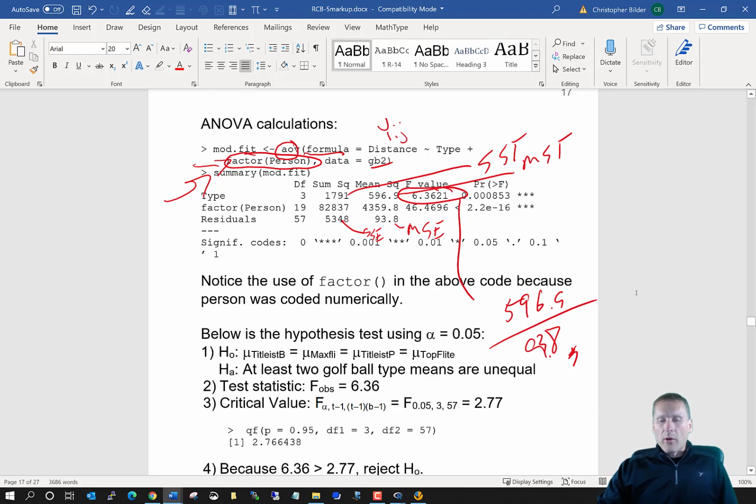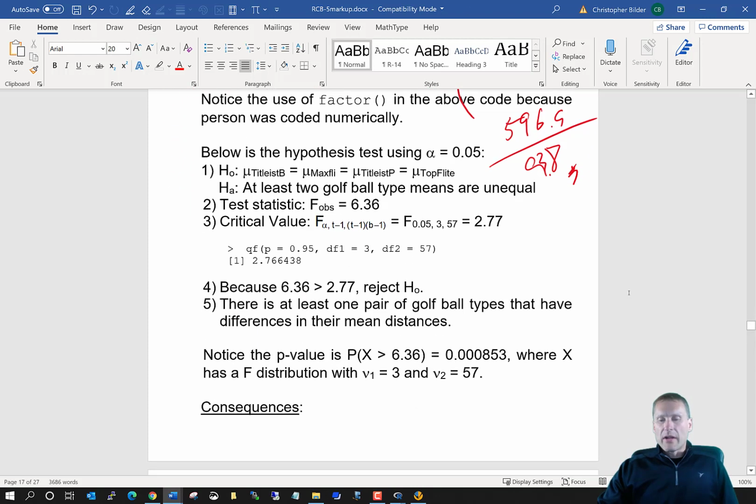So if we formally do the test using alpha 0.05, I set up my hypotheses like this, where in the subscript here for mu, I put a descriptive label to tell what we're talking about, which kind of golf ball. Here's my test statistic of 6.36. My critical value, I can find that once again using the qf function. I get 2.77. So test statistic is greater than the critical value, reject H0.